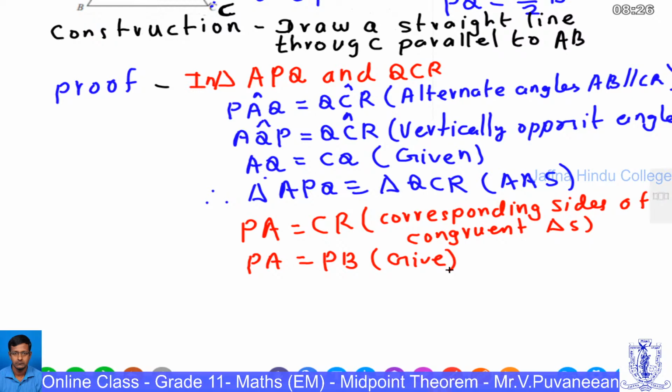Through the axiom we can say PB equal CR. Okay, PB equal CR.